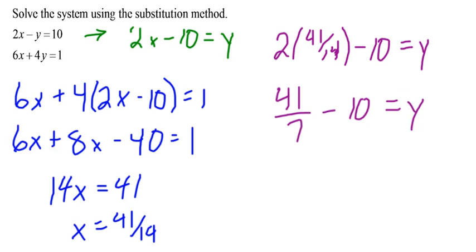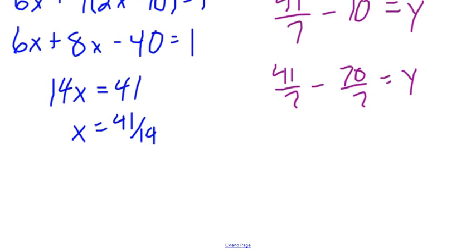If we get a common denominator, we have to multiply by 7 over 7. So 41 over 7 minus 70 over 7 is equal to y. 41 minus 70, we get negative 29 over 7 equal to y.